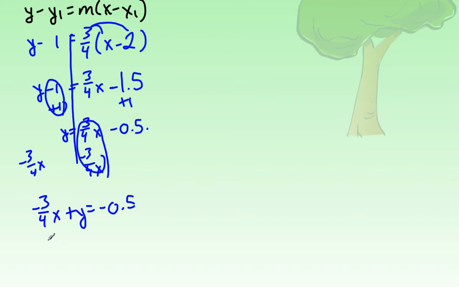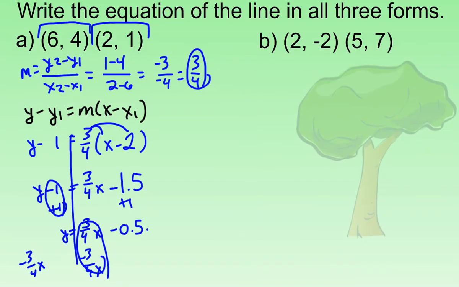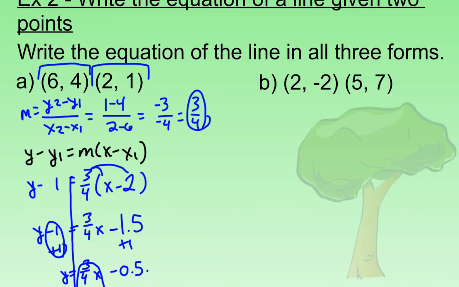But it sort of does. That negative 3/4 is kind of the slope, but it's not actually the slope. But you still need the slope in order to write the equation in standard form. So the first thing you're always going to do, if you are not given slope, is find the slope first.